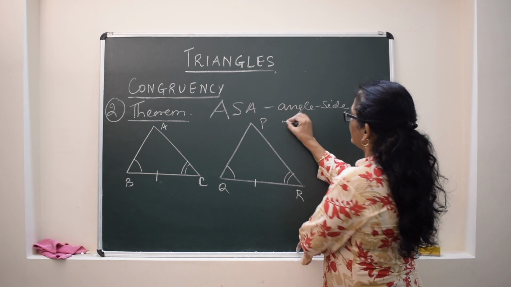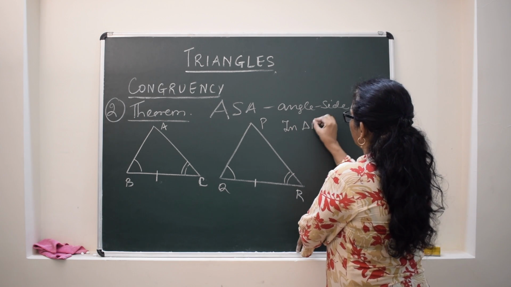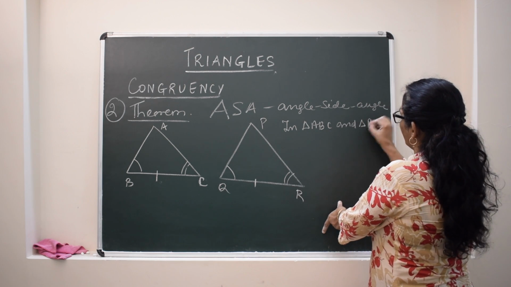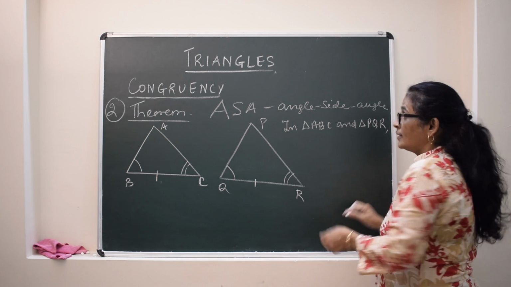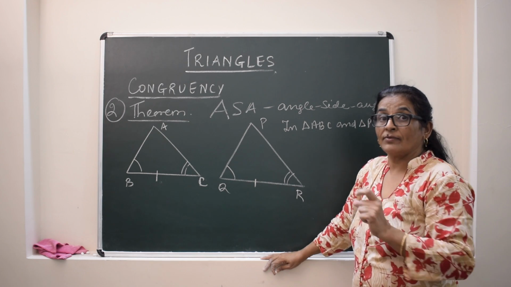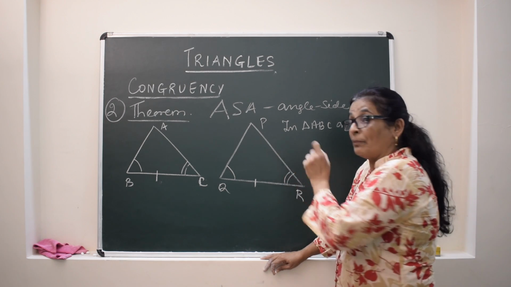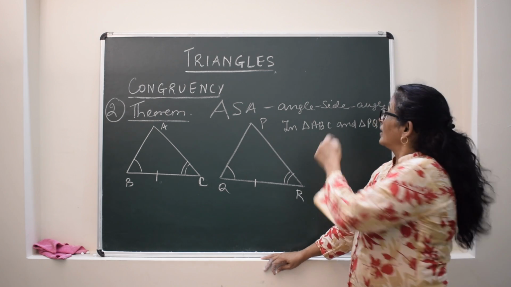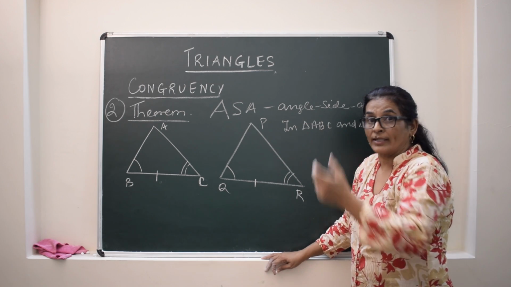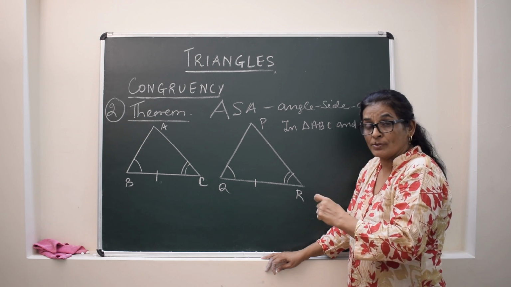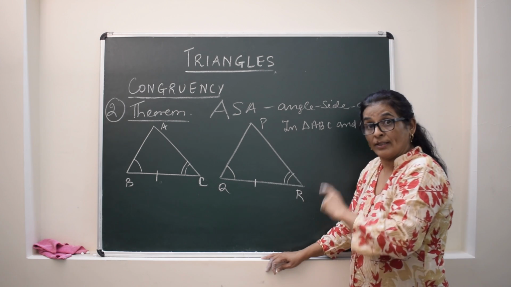So what will we write? In triangle ABC and triangle PQR. This is not the proof. I am just giving you the symbolic form of how we can apply the congruency ASA in any two triangles. In the questions you can apply this ASA. You have to observe two angles and included side.